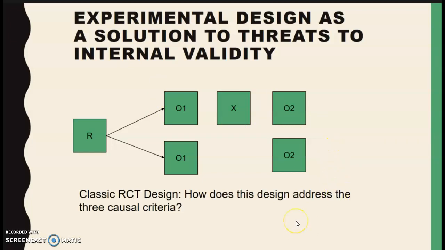So I want you to pause for just a second and jot down how you think this addresses those 3 causal criteria. How does this type of design show us that the cause came before the effect, is correlated with the cause, and we've ruled out other explanations? So go ahead, take a pause, write it down, and then when you're done, hit play.